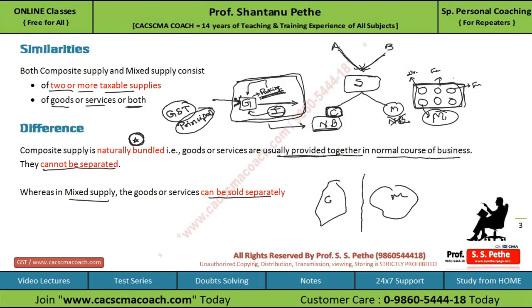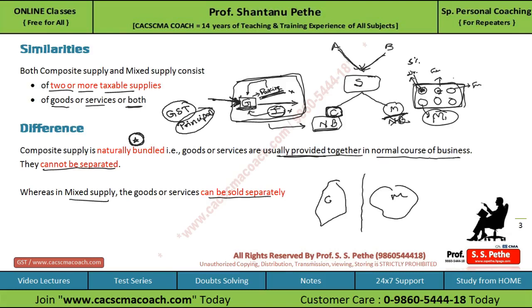So the rate of GST will be the rate applicable on these goods, not on the packaging or the insurance. Whereas for tax liability in case of mixed supply, you have to take the GST rate which is the highest among all these supplies. For example, for dry fruits, let's say the rate is 5%.